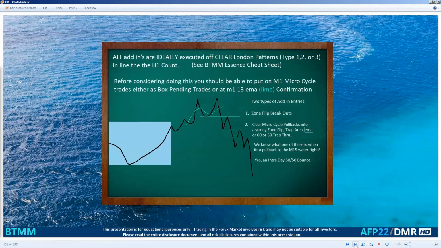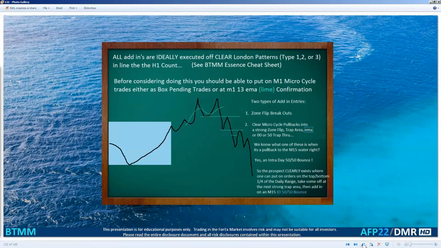So hopefully you're starting to see here that this type of add in happens after our primary shift in the M1 time frame, okay? So that is the pullback into the blue EMA, which is the water, which is the intraday 50-50 bounce, which many of you have already been doing.